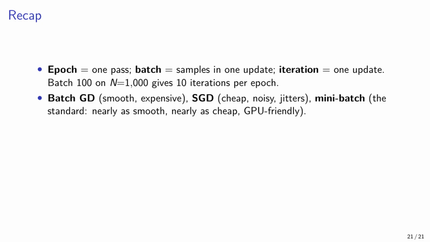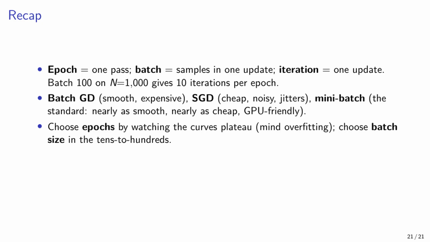Mini-batch is the standard, nearly as smooth as batch, nearly as cheap as SGD, and GPU friendly. Choose the number of epochs by watching the curves plateau and mind overfitting. Choose the batch size in the tens to hundreds, where smaller means more updates per epoch.